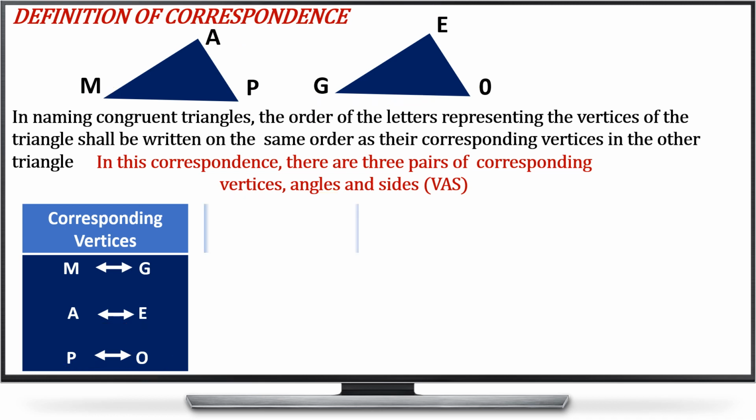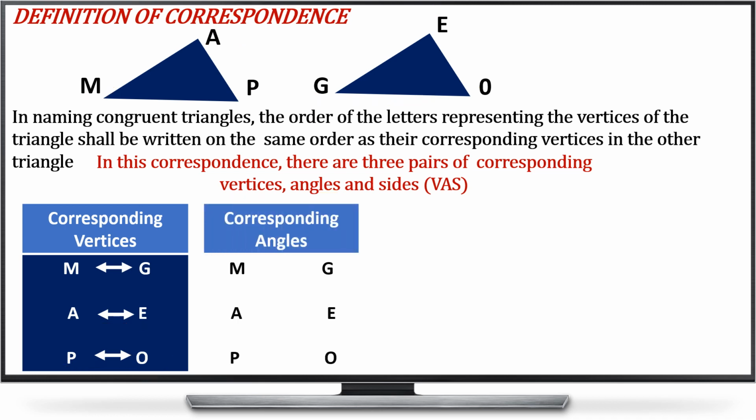Now, how about their angles? How can we identify their corresponding angles? Same lang. Kung saan nakapwesto yung kanilang angles sa one triangle, dapat yung pwesto ng other parts ng isang triangle, parehas din po sila ng position.